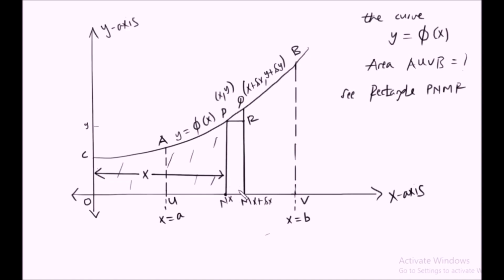Kwa hiyo width sasa ya hii rectangle ni delta x, okay? So area now of your rectangle PNMR itakuwa urefu toka P mpaka N, times urefu kutoka N mpaka M, ambayo urefu toka P mpaka N maana ni y minus 0 is y, times delta x.